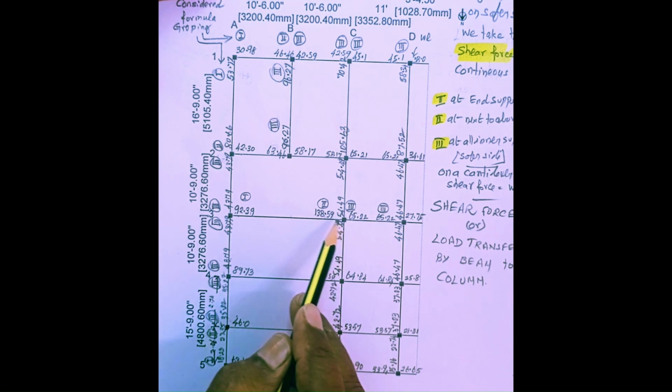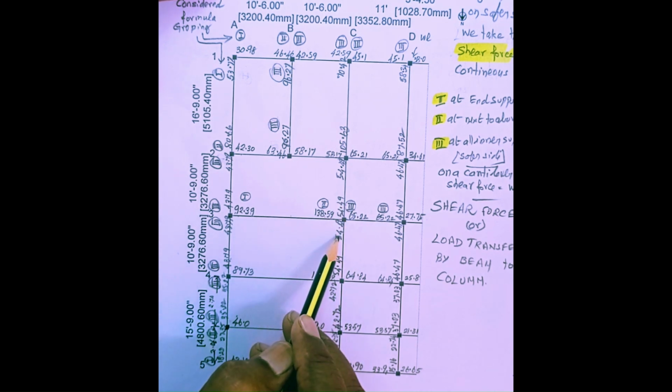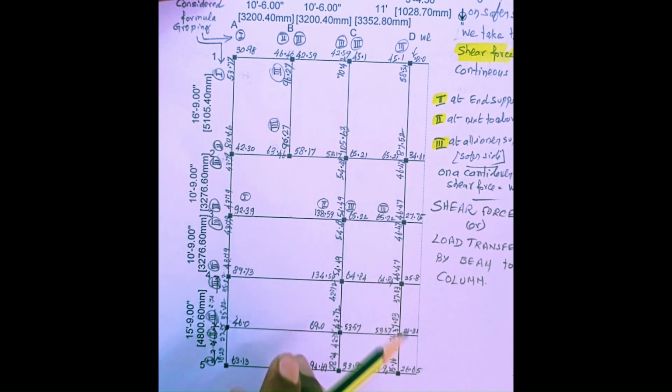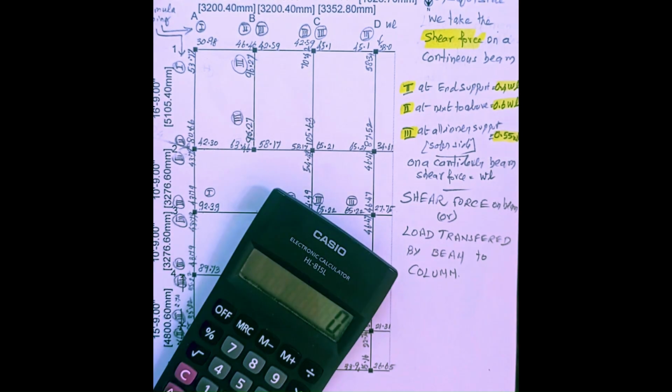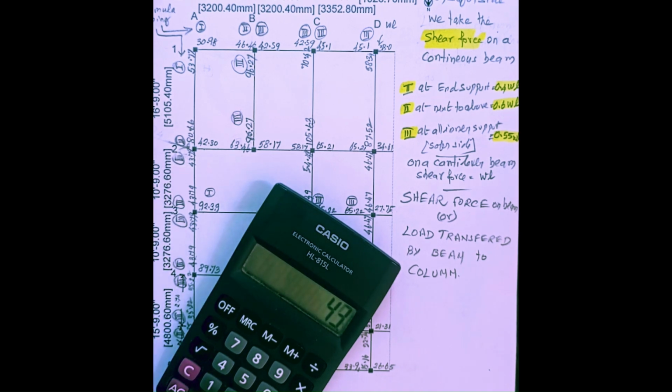For the central column, loads are given by 4 beams. So the total of these is the load borne by this column per one floor. The load transferred by these 3 beams to this column is calculated as 43.79 plus 92.39 plus this value 43.79.